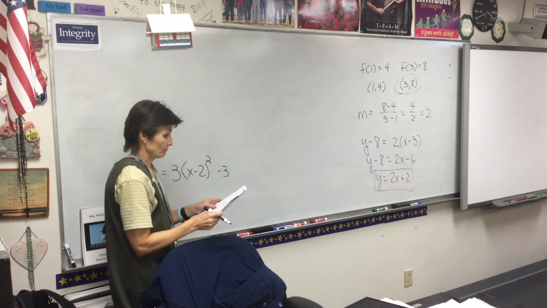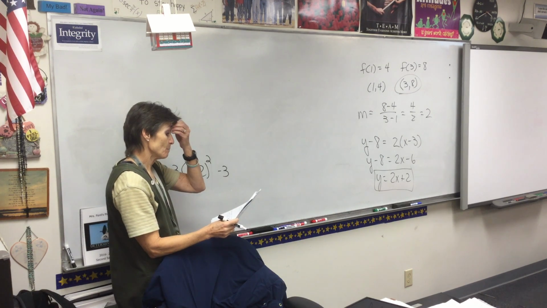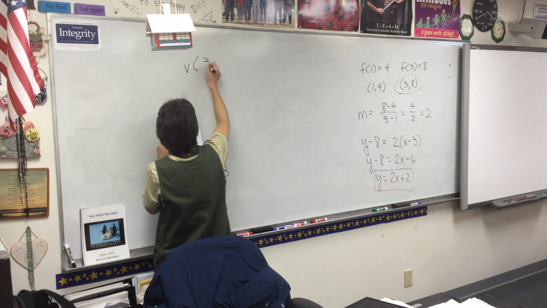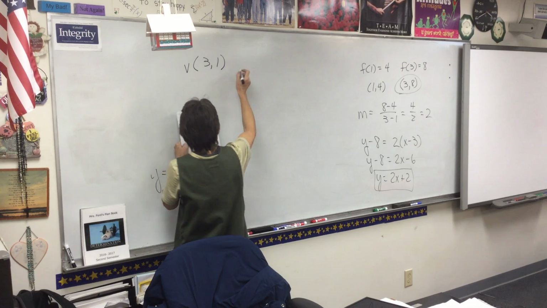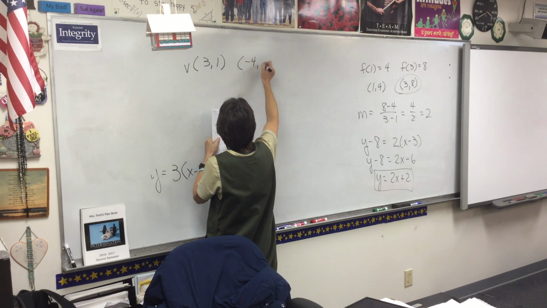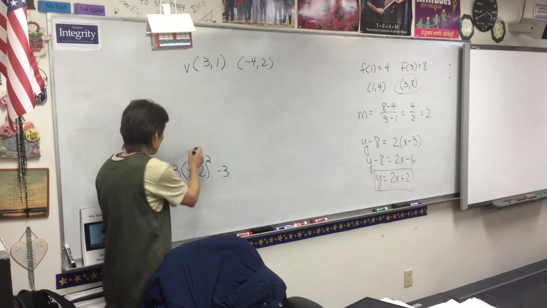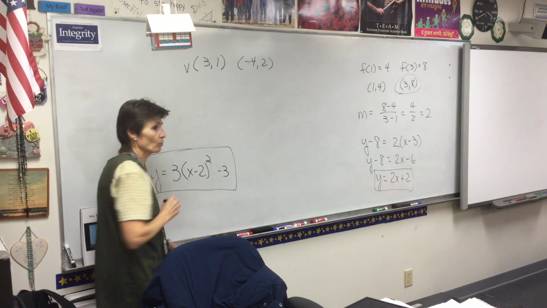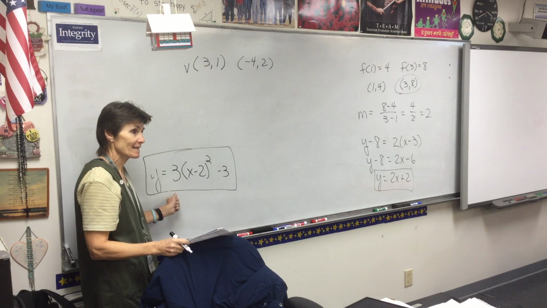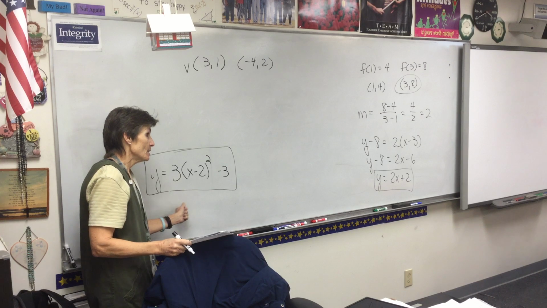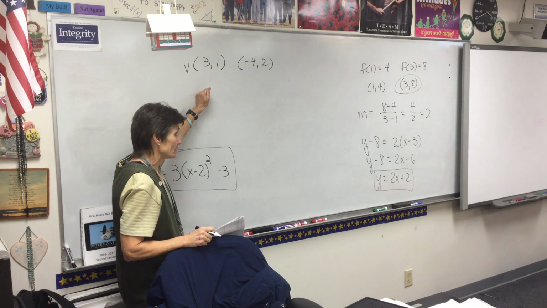Okay? Now the next one is the same thing, except it's a quadratic function. Now, quadratic function means parabola. This is the equation you are going to write, an equation that looks like that. That is the vertex form of a parabola. Do not do slope. Do not do point slope.